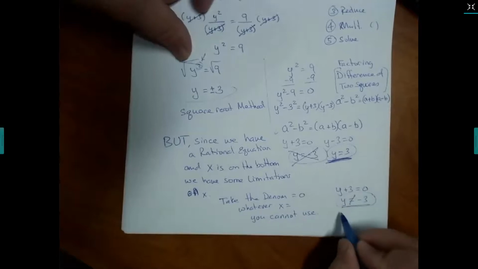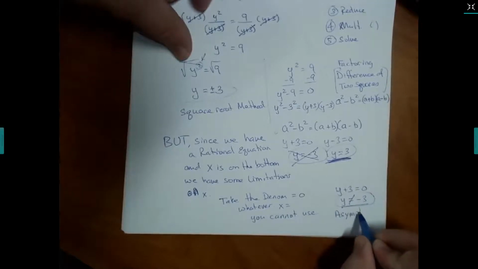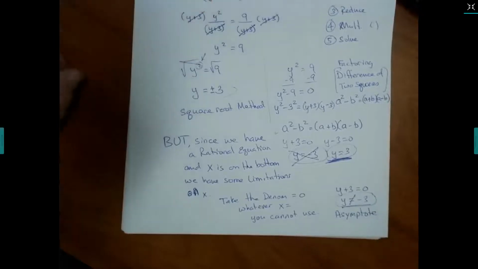This value here, -3, is called an asymptote. An asymptote is the value that makes the bottom equal to 0.